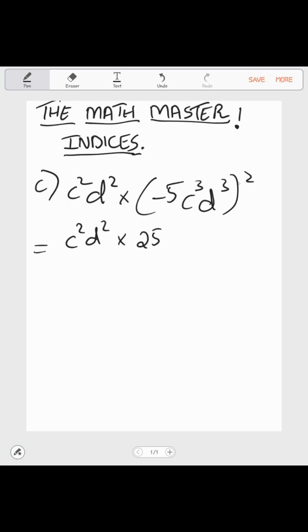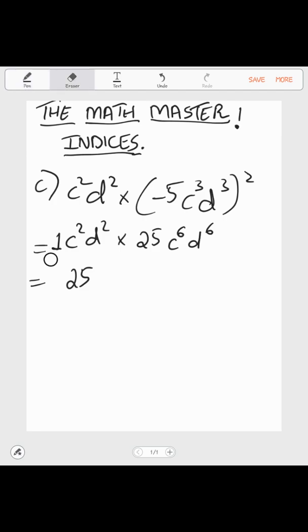C cube into 2, because this power is outside, which means it's being multiplied by all of the powers inside. So 3 into 2 becomes 6, c power 6, and 3 into 2 again becomes d power 6. Now again 25 would come as it is. It has nothing to be multiplied, just 1 over here.